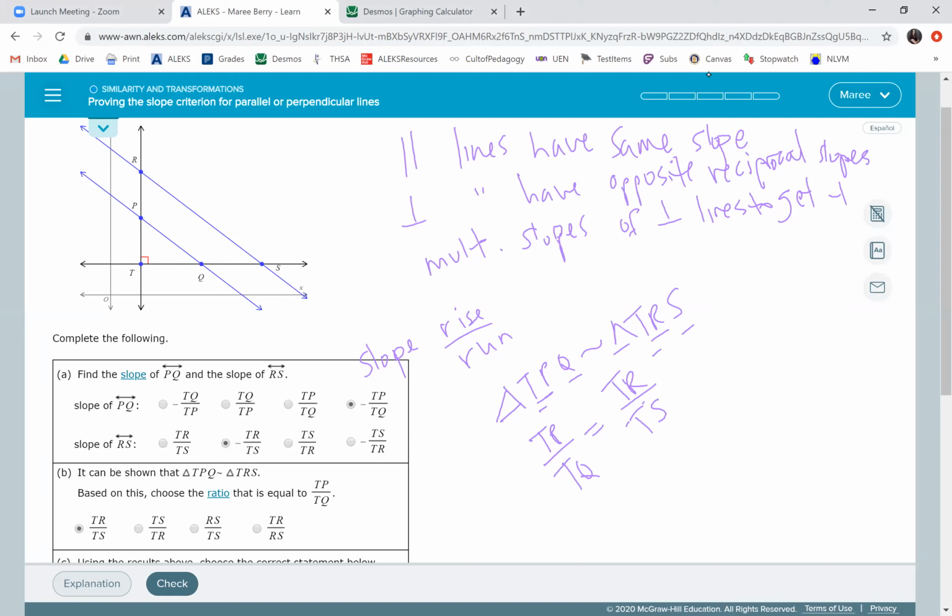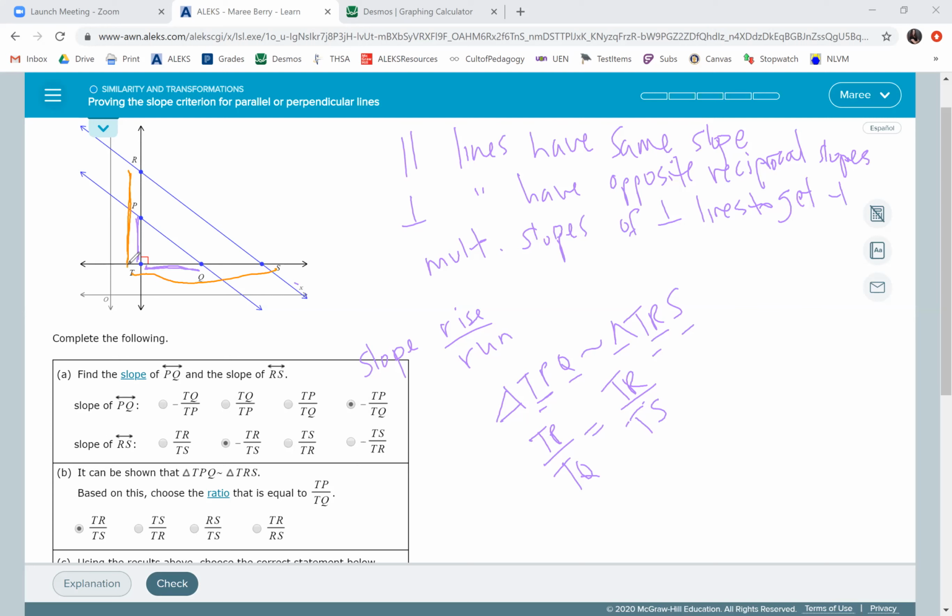Because order matters, I like looking at the order of the letters. Also, we could look at it this way: TP was this side over TQ, which is the same as this line over TS.